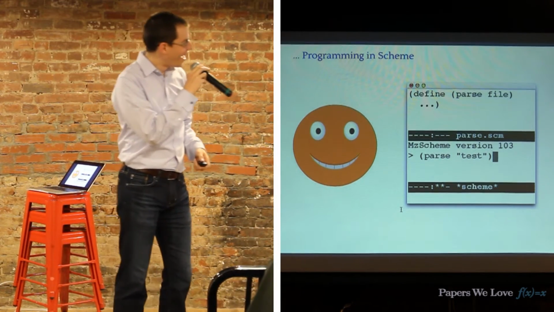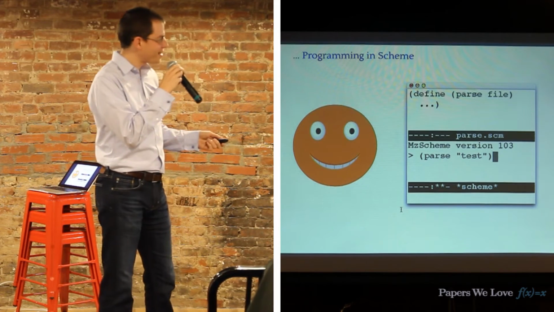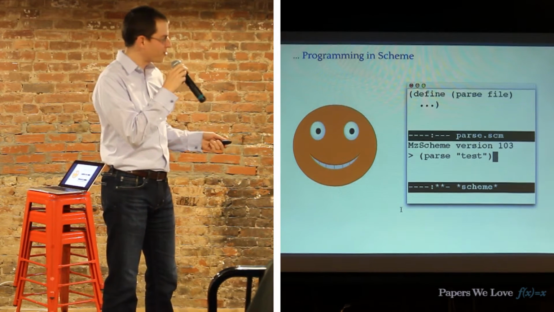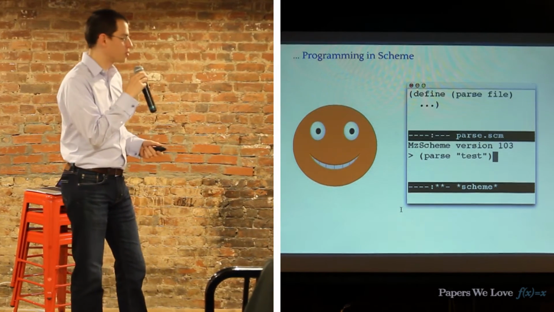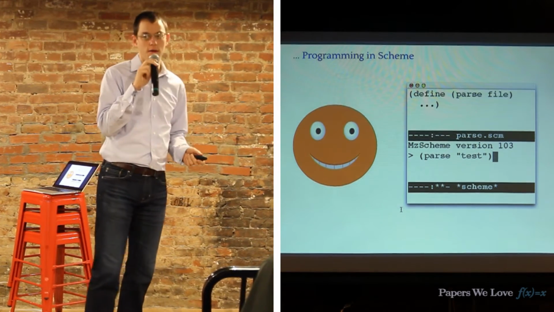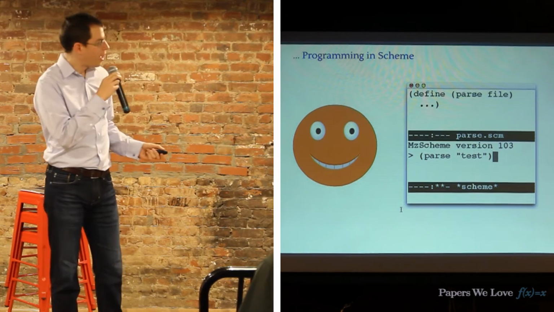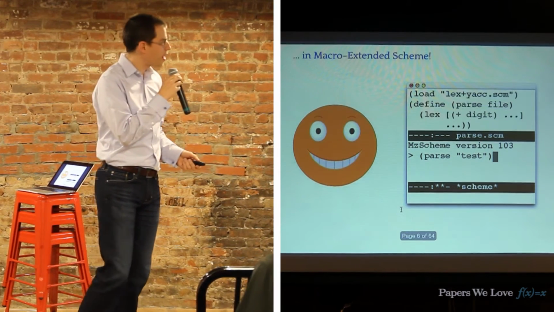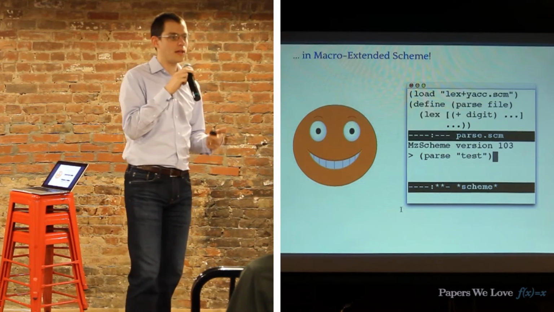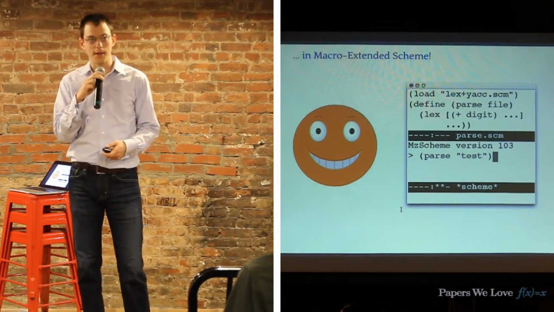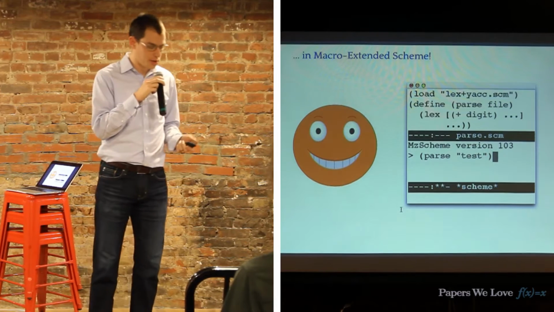Fighting words, eh? And really sadly, they're still stuck on MISCHEME version 103. And they're developing some parser for some file format. And they've decided to use a language extension for writing parser generators.